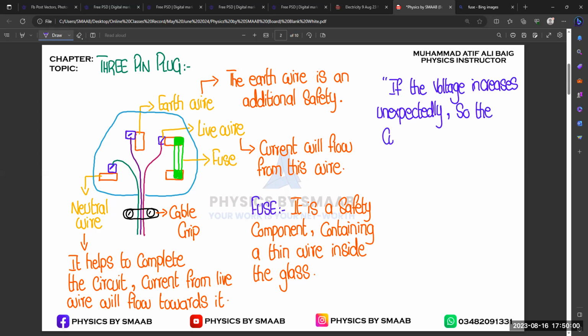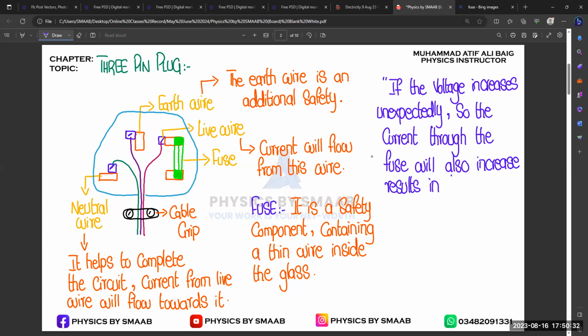So the current through the fuse will also increase, results in the melting of wire.